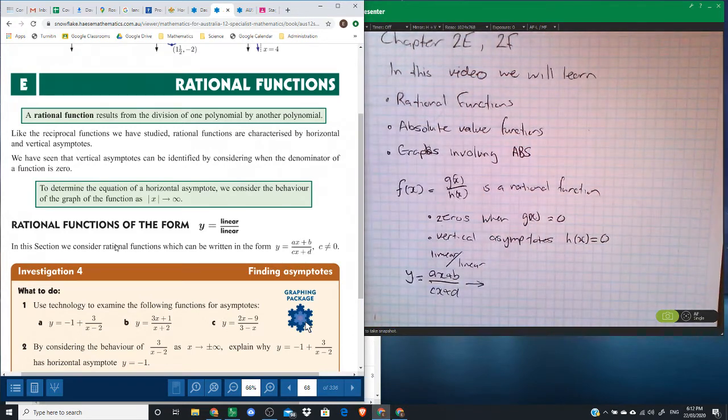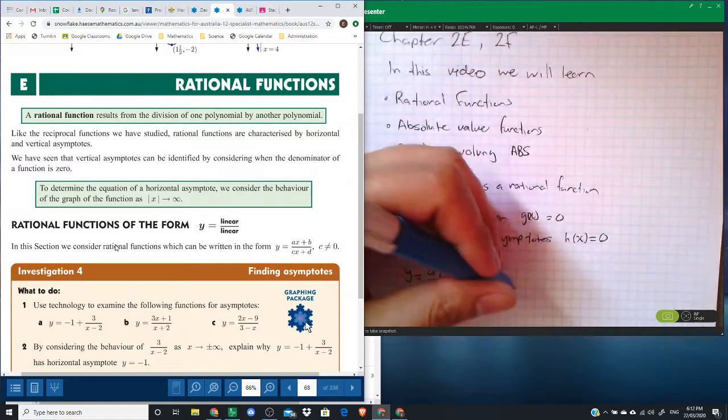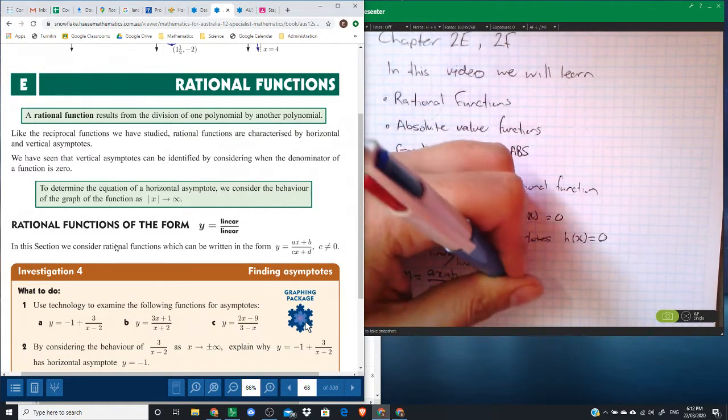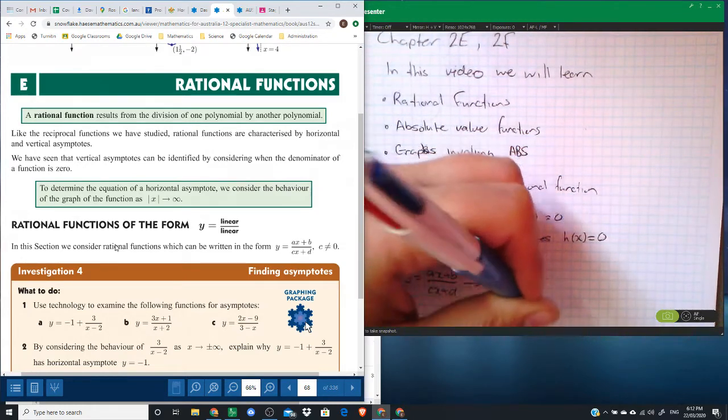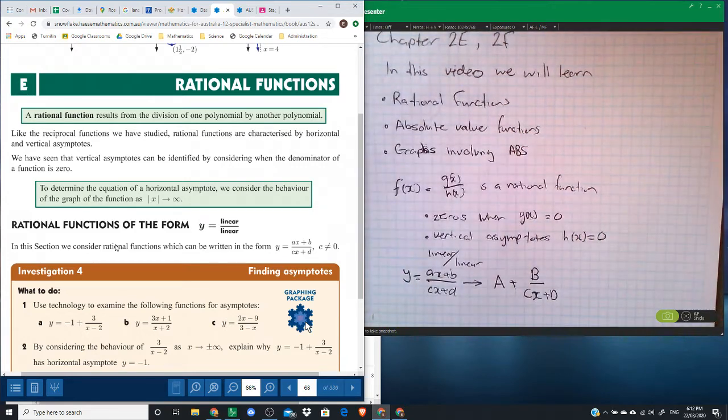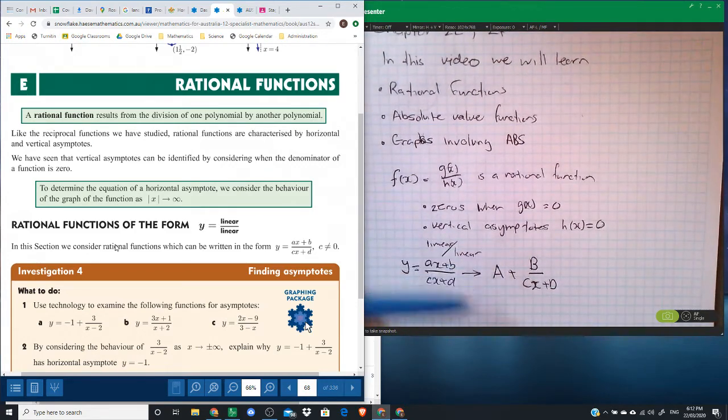Or you can convert that into something along the lines of, and I'll just write this in terms of completely different symbols, a plus b over cx plus d, where they're not the same anymore, but we carried out some sort of division to get this.